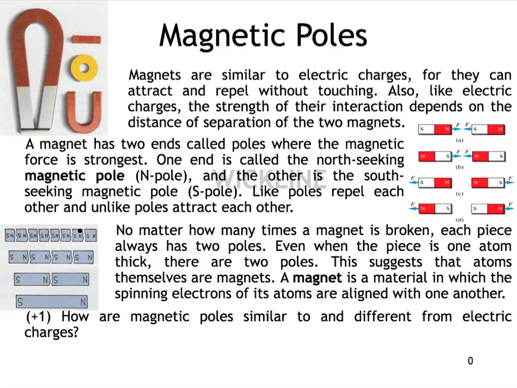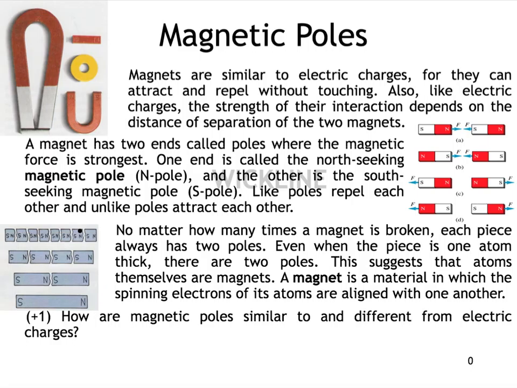This is one more interesting thing about magnets, guys, which is that if you have a larger magnet here and you keep breaking it in half, you could do it a lot of times, theoretically right down to the size of an atom, which leads to this idea that we think that the atoms themselves are magnets, that they just have all of their electrons spinning synchronously, and that's what's causing the magnetic attractions.